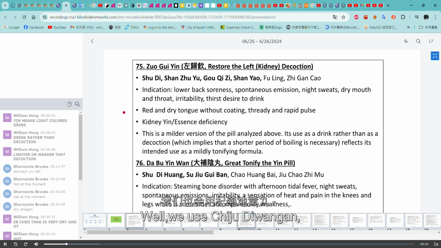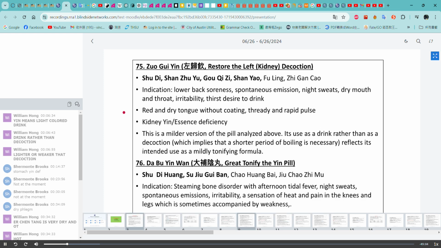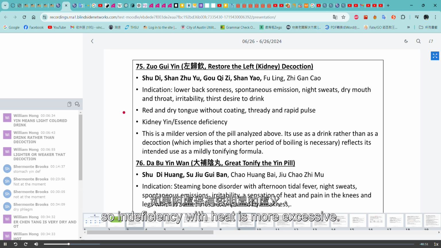Or we use CHIJU-D1, so kidney insufficiency with some problem with the eyes, like tearing of eyes, diminished vision, photosensitivity. And we have G by D1, so insufficiency with heat is more excessive.